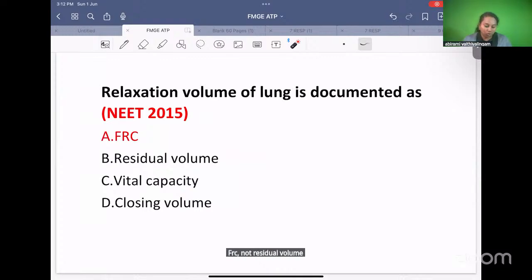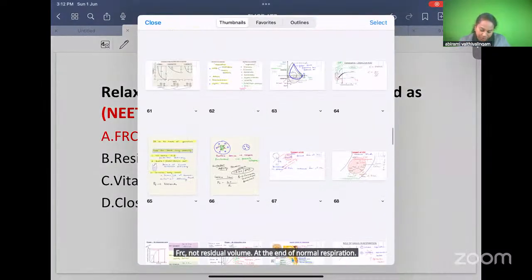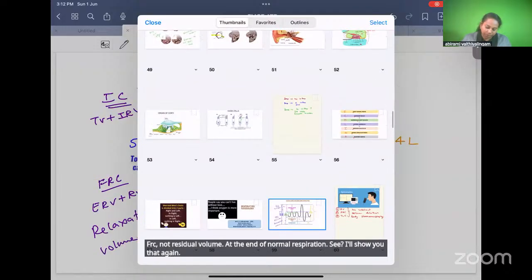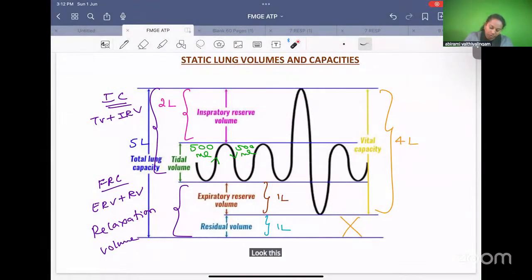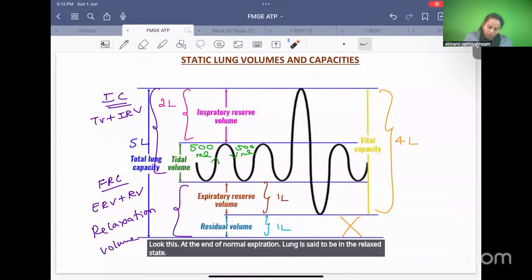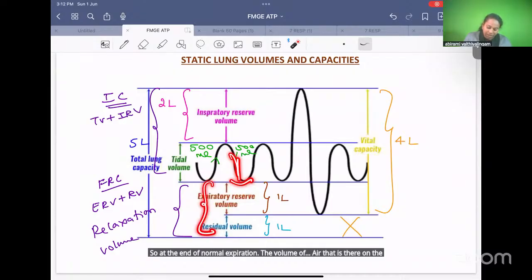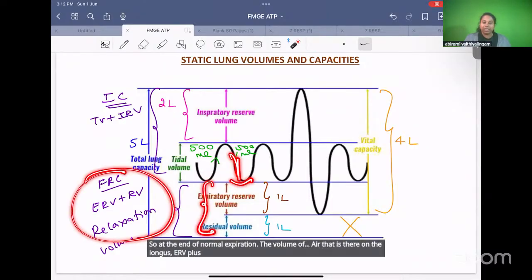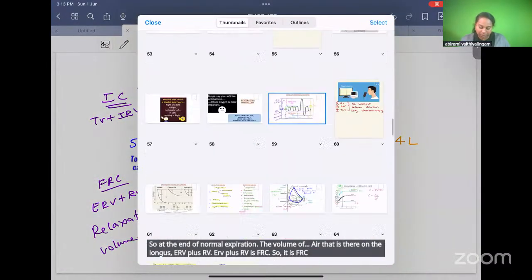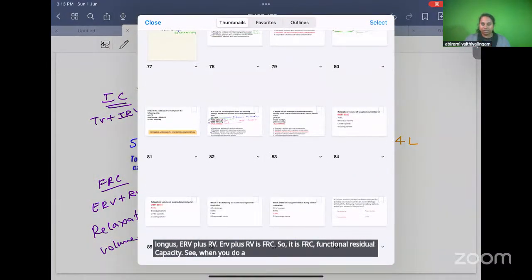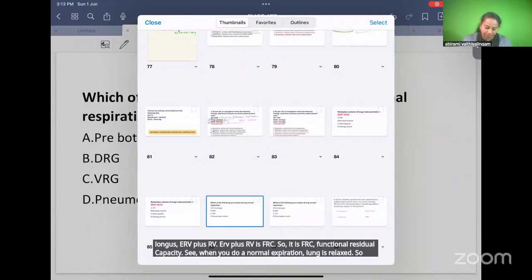Look at this. At the end of normal expiration, lung is said to be in the relaxed state. So the volume of air that is there in the lung is ERV plus RV. ERV plus RV is FRC, functional residual capacity. So when you do a normal expiration, lung is relaxed, so it is FRC.